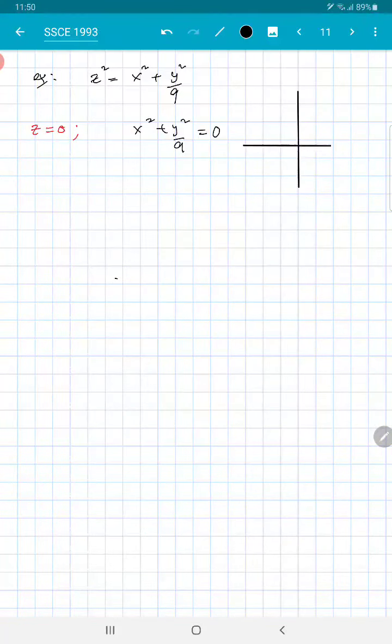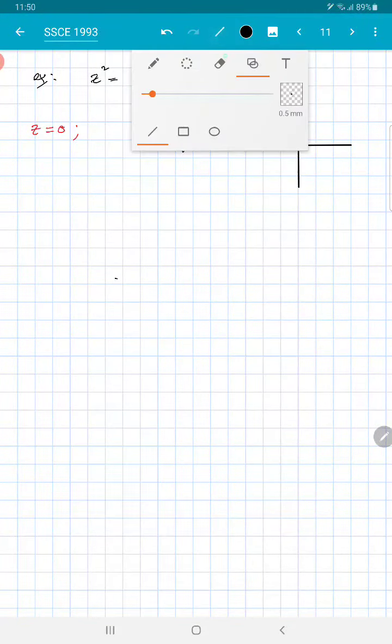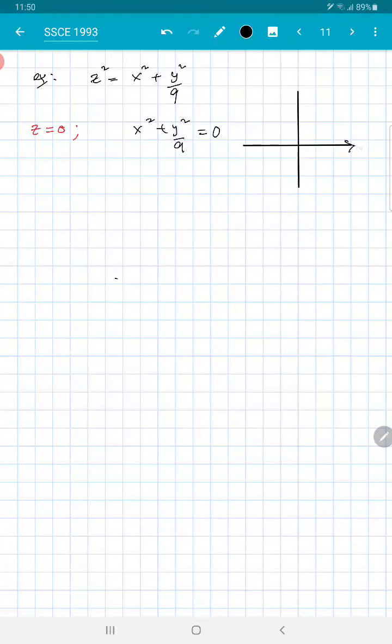So when z is 0, we have one level curve, which is just a point. There's only one solution to this equation. x must be 0, y must be 0. So we only have one point. Instead of a curve, we have a point. So you can't tell much from a point, and we need more views from above.